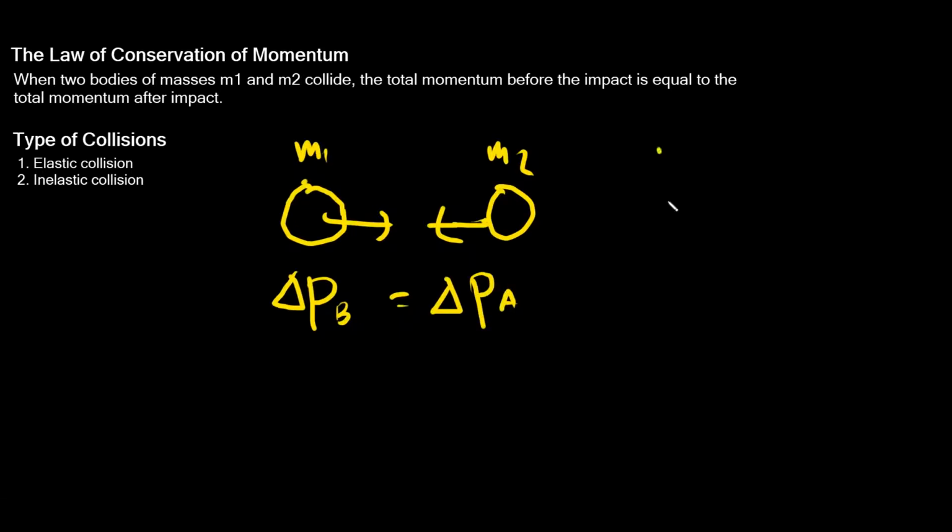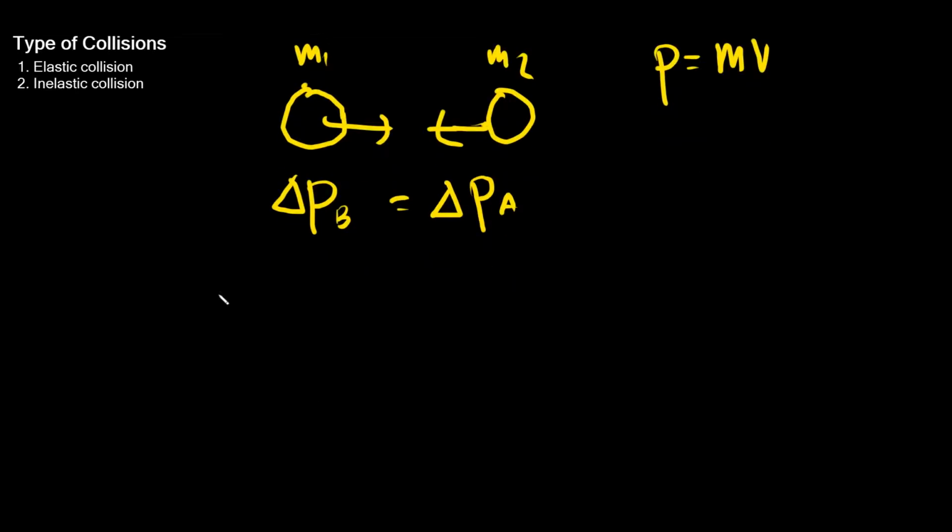And take note, the formula for momentum is P, momentum, equal to mv, mass times velocity. So, the total momentum before the impact is simply mass 1 times the initial velocity of mass 1.